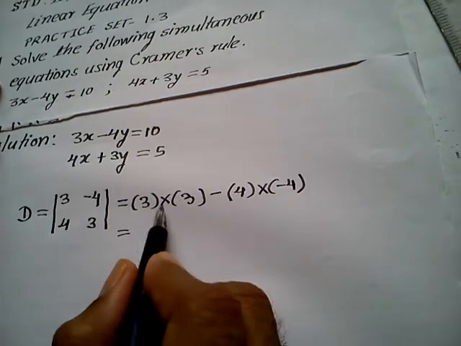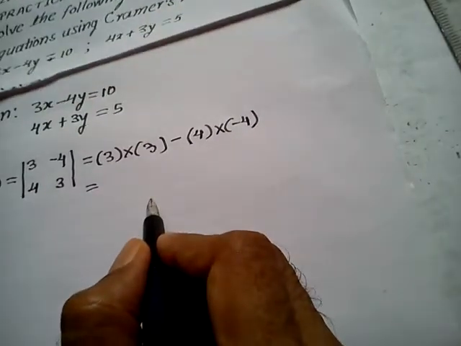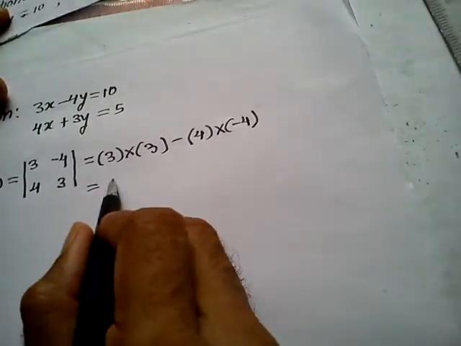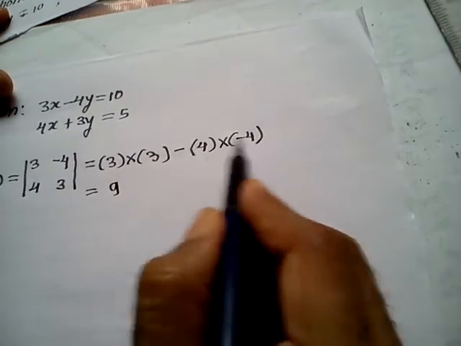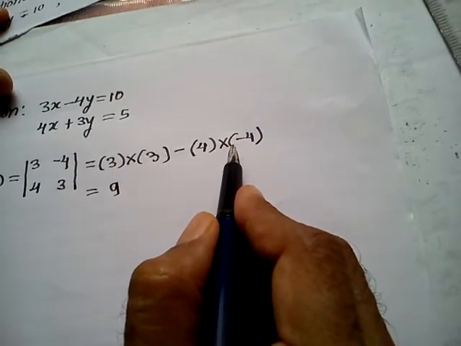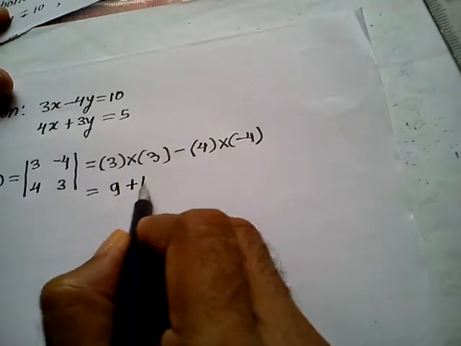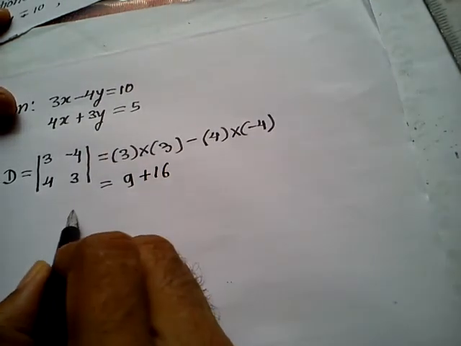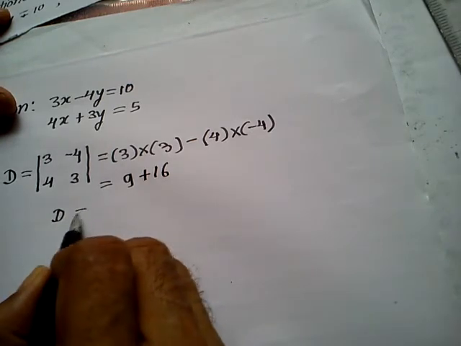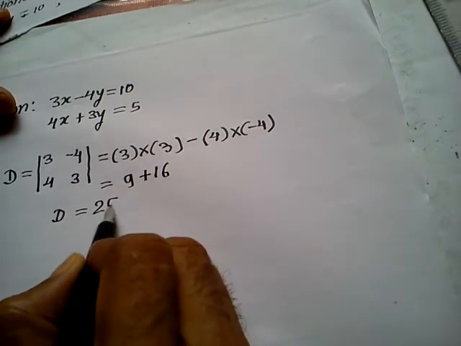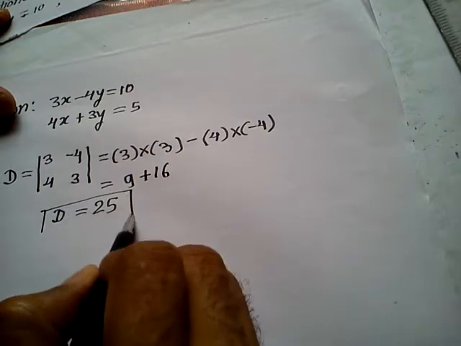Both 3s are positive, so 3 threes are 9. Negative into negative, if two times, then the answer will be positive. 4 fours are 16. Therefore D is equal to 25. This is the first step.